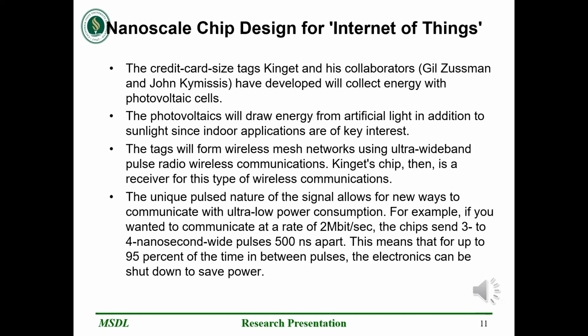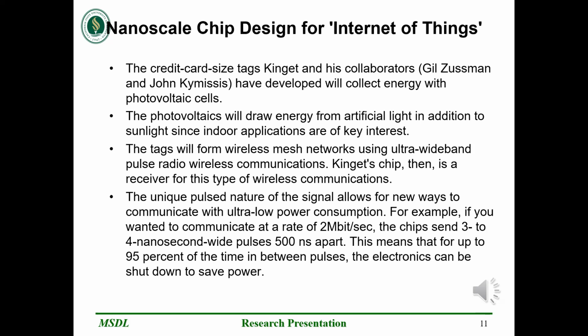The tags will form wireless mesh networks using ultra-wideband pulse radio wireless communications. Kinget's chip, then, is a receiver for this type of wireless communications. The unique pulse nature of the signal allows for new ways to communicate with ultra low power consumption.